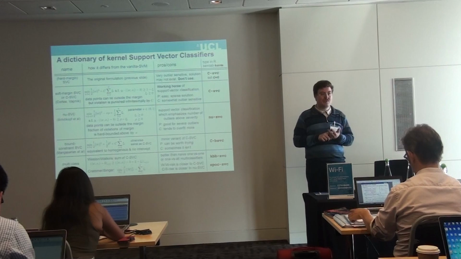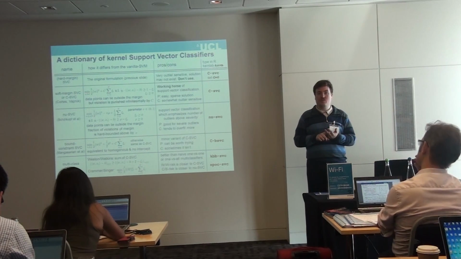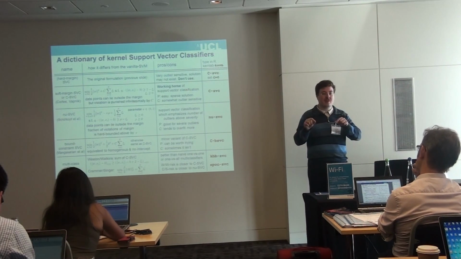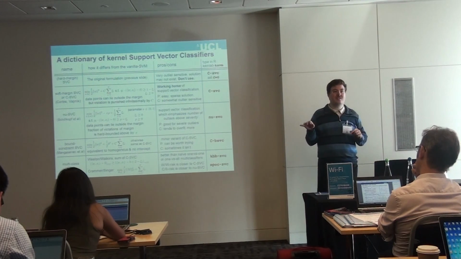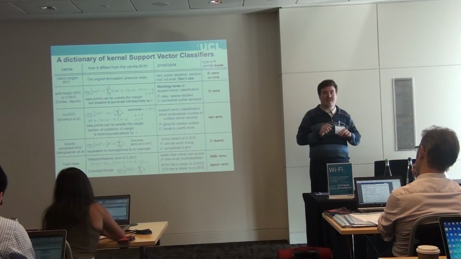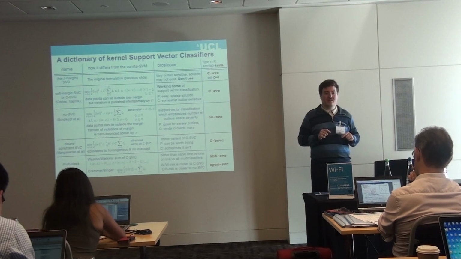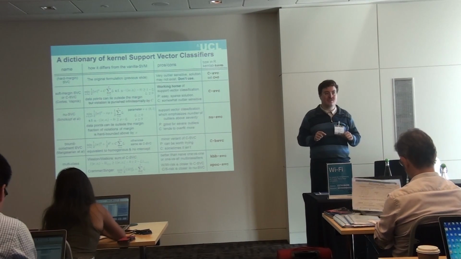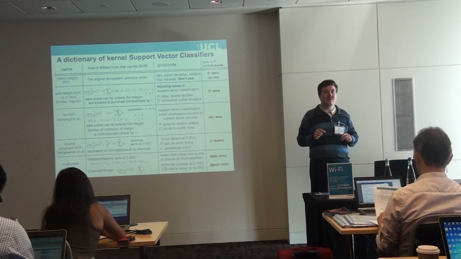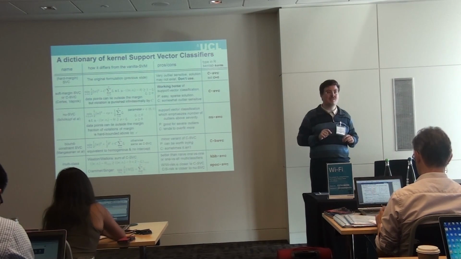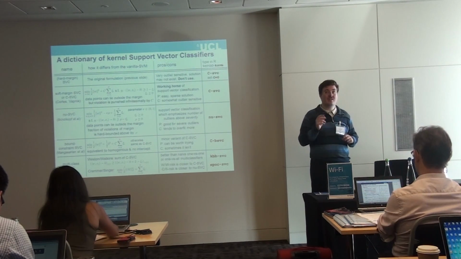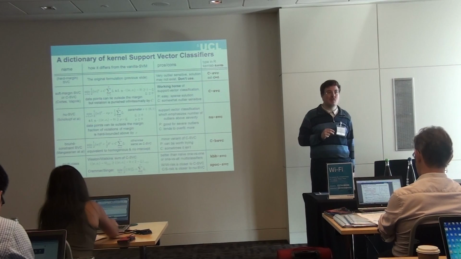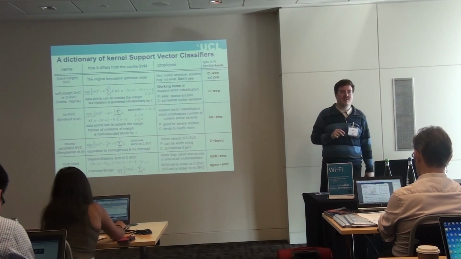The other way is one versus one. For each pair of classes, you throw away all classes but the two, and you train a classifier. Then you run all the classifiers on your new data point, and you count the number of times it says the one class. And then you assign the class which has been assigned the most times using all classifiers.